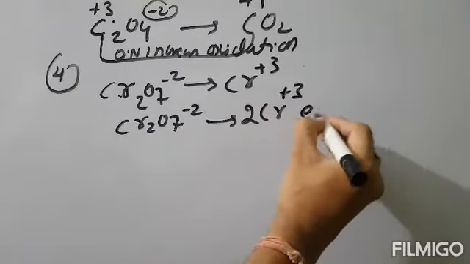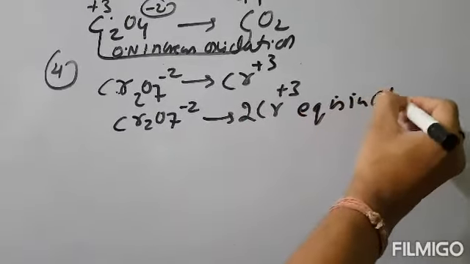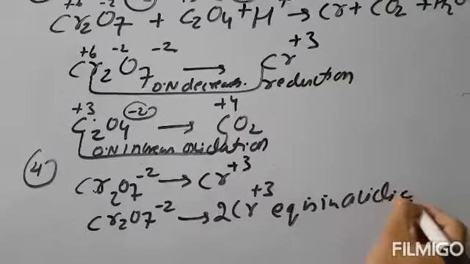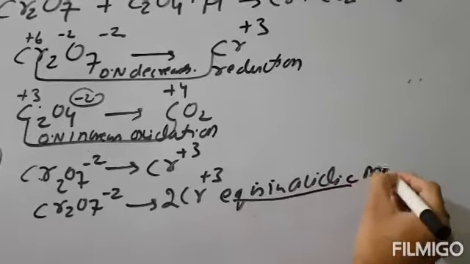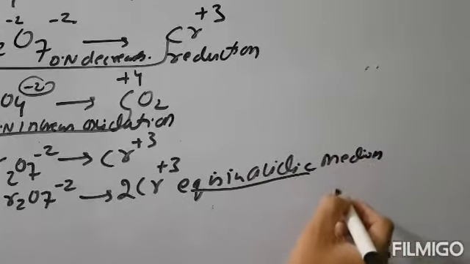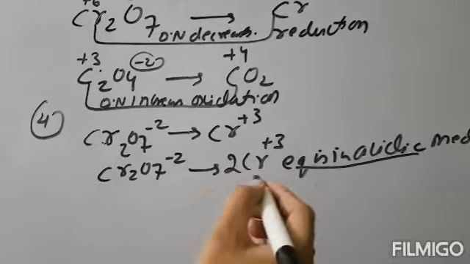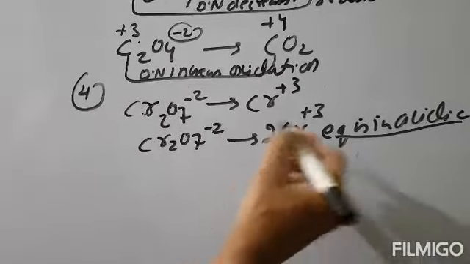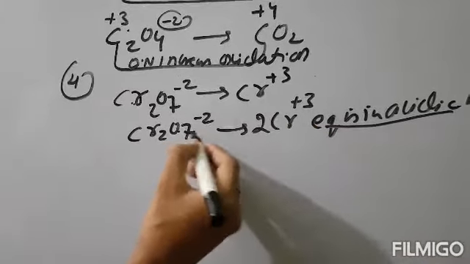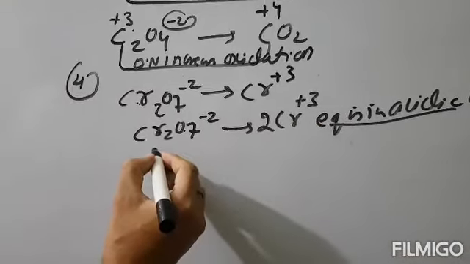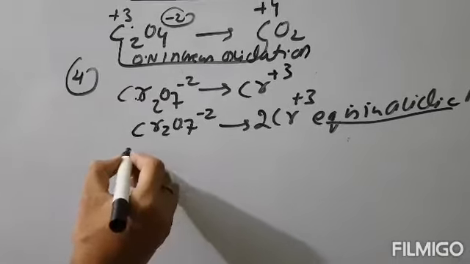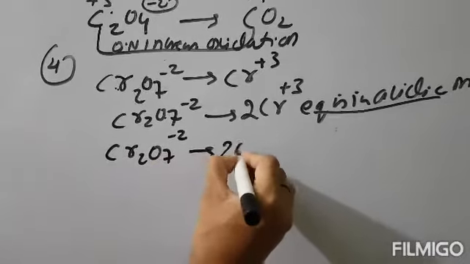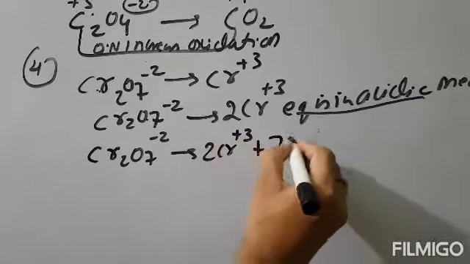Now the equation is in acidic medium because here H+ is mentioned. Now oxygen atoms are balanced by adding 7 water molecules to the right hand side, because here oxygen atoms are 7. So we get Cr2O7 2- giving 2 Cr3+ plus 7 H2O.